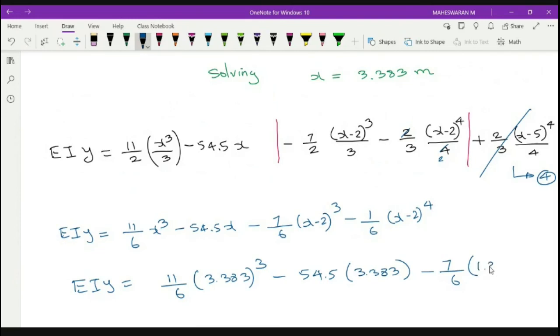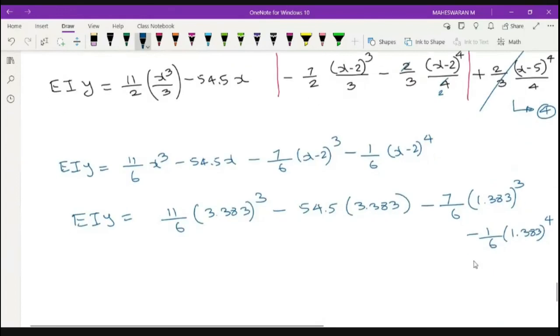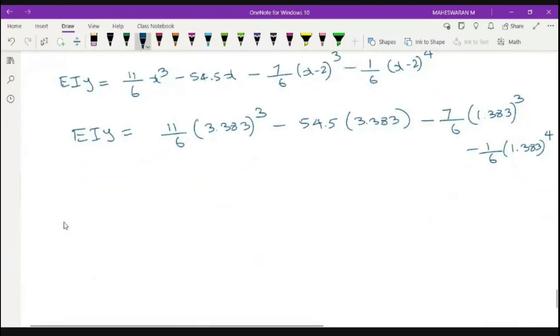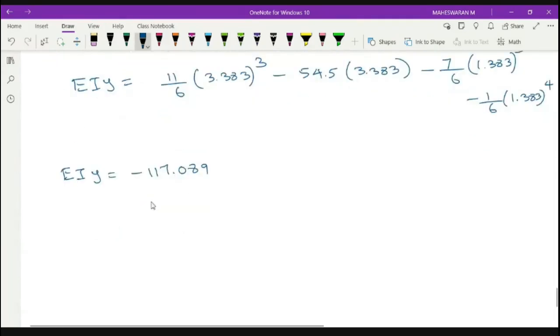You'll get 1.383 whole cube minus 1 by 6, again 1.383 whole power 4. Just substitute it, find out what is EIy. So we're getting minus 117.089. Okay, so now let us identify what is y.